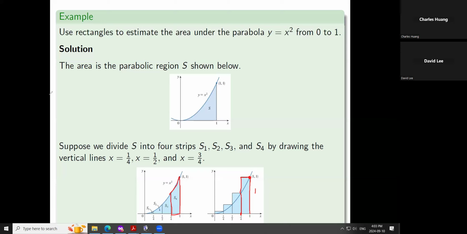So this height from the bottom to the top, this height over here, is 1. We're going to draw a rectangle like this. The height of the rectangle is going to depend on where the right-hand side is.